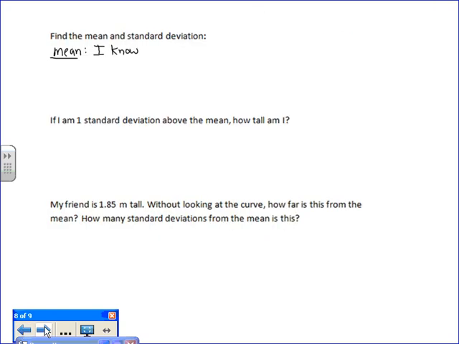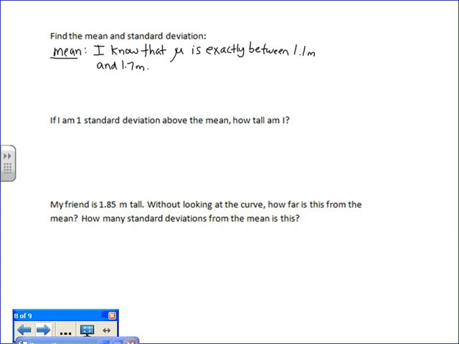So I know that the mean is exactly between 1.1 and 1.7 meters.